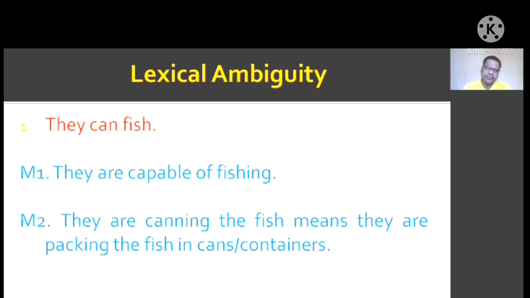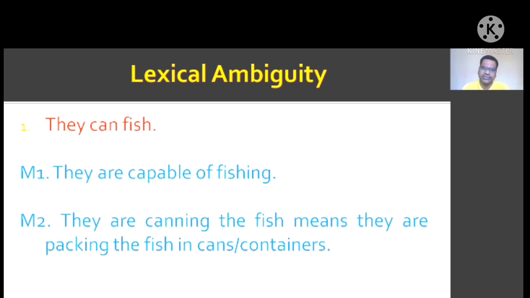As I said before, lexical ambiguity happens because of the multiple meanings of a word. Once you get a word or a group of words and that definition is leading to ambiguity, it is called lexical ambiguity. Look at this sentence here.